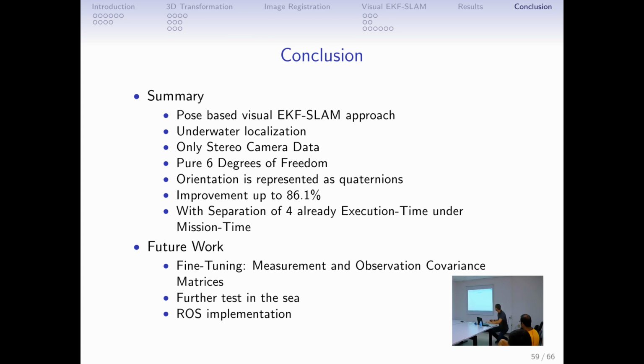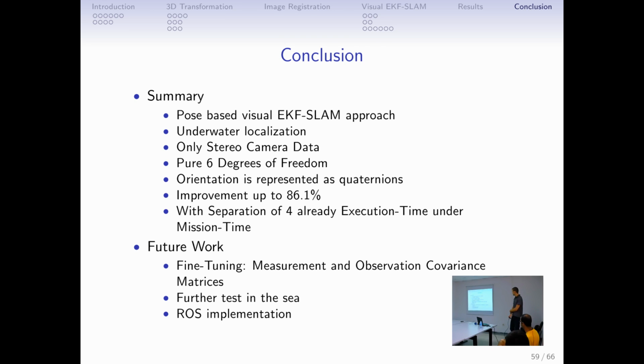My conclusion. I was proposing a pose-based visual EKF SLAM approach using only stereo camera data, no other sensors. And using pure 6 degrees of freedom, the orientation is represented as a quaternion. Again, this is not common, and the improvement was, for example, with a noise level of 6, 86%.